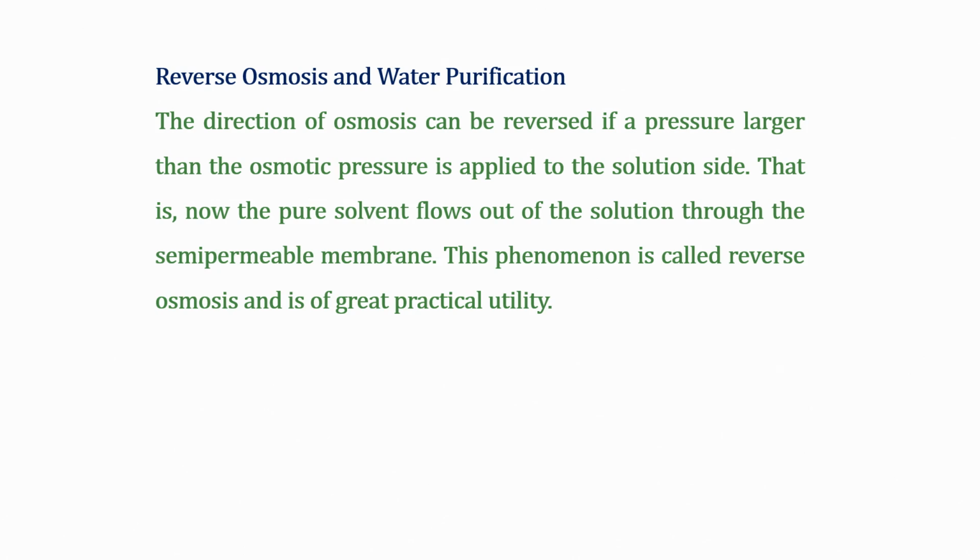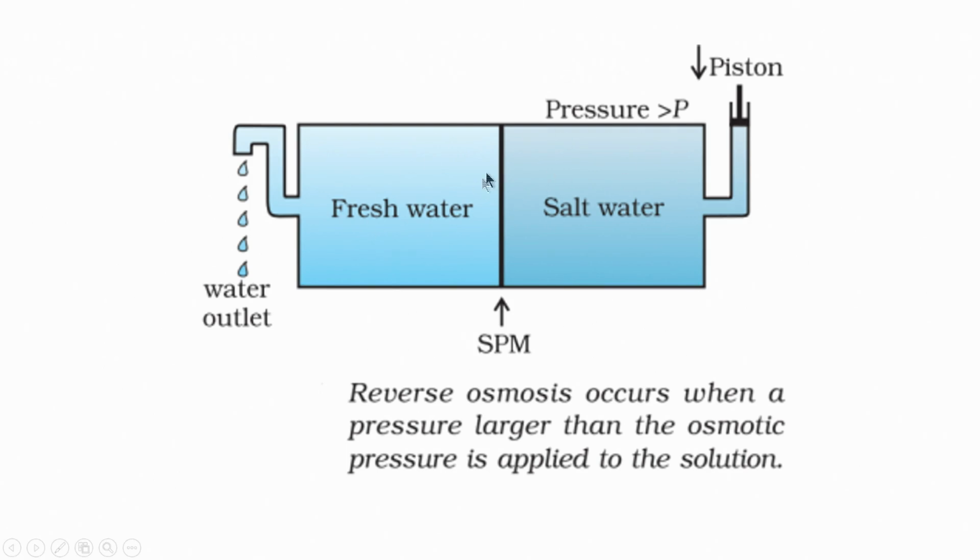Now, imagine I am drawing a picture of reverse osmosis. This is an SPM, semi-permeable membrane, and I have put salt water, and osmotic pressure is there. I put pressure on this solution and fresh water is allowed on the other side.